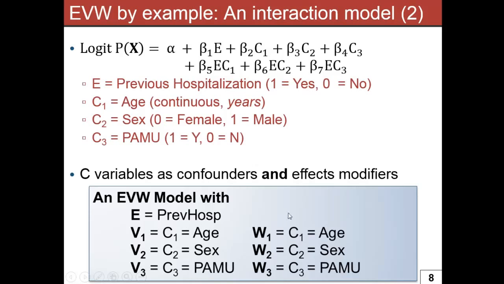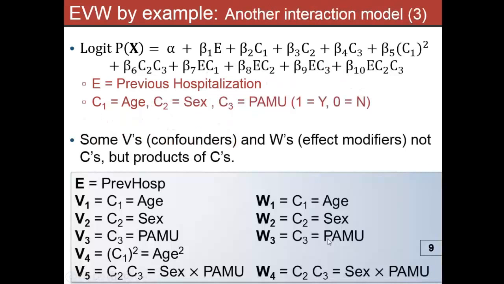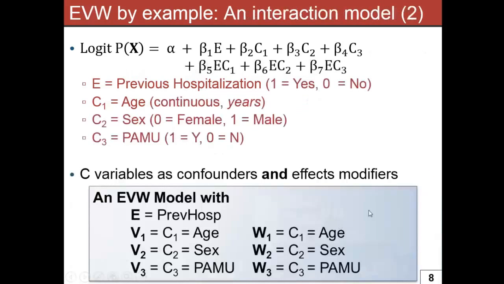And by the way, they also appear as effect modifier terms. So the model has 3 components, E's, V's, and W's, and age, sex, and PAMU appear in both places. So this is going to be really important, and we'll continue it more later on Thursday.